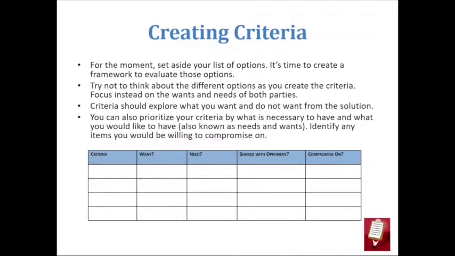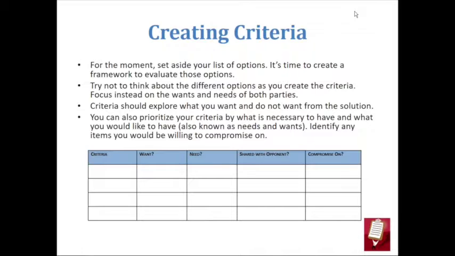So here's another chart that you can use for your solutions option to evaluate them. Look at this chart for a moment, and I intentionally left it blank. So what's the criteria? What are your wants and your needs, shared with the opponent, and what you want to compromise on.